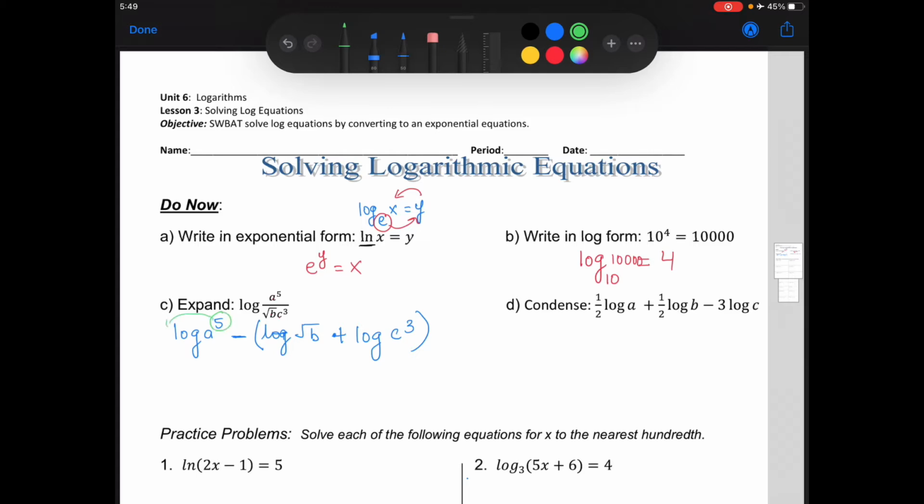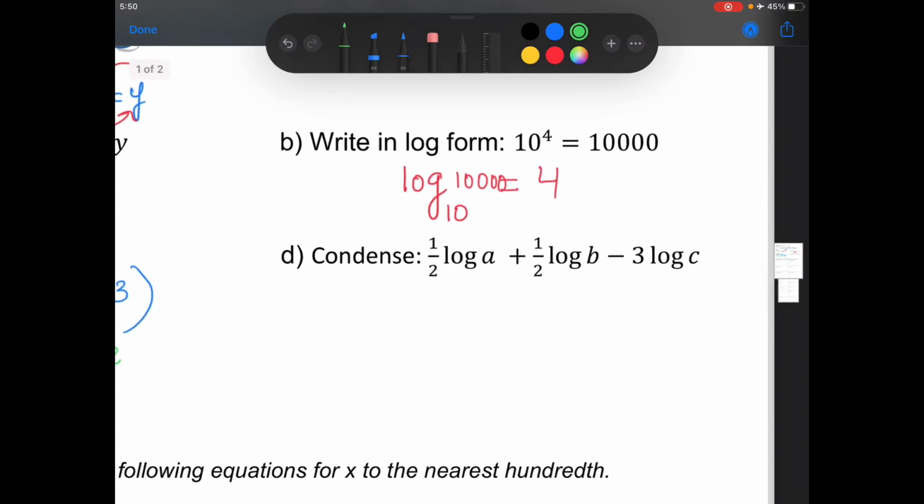Now this 5, the exponent goes in the front, so it'll be 5 log a, minus, square root is the same thing as saying 1/2, so I'm going to bring that 1/2 to the front, 1/2 log b. Remember, I'm going to distribute the negative, so it'll be minus 3 log c. That's how you expand it.